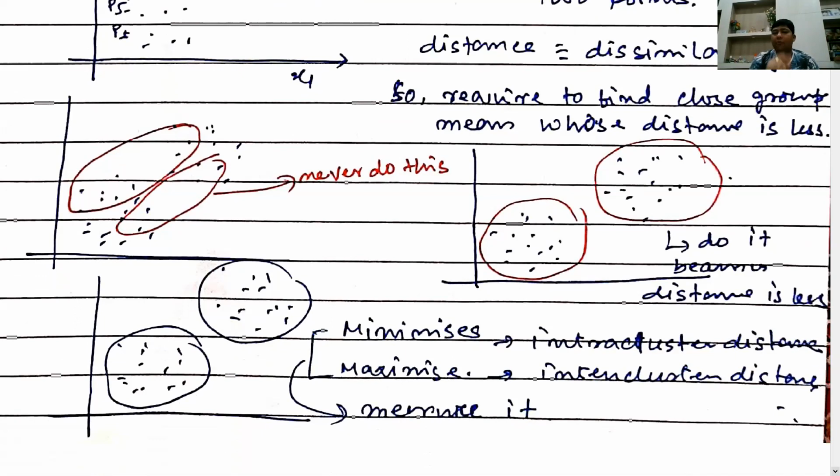Previously, I said high intra-similarity and low inter-similarity; the opposite in terms of distance: maximize inter-cluster distance, minimize intra-class distance. Now, how can we measure it? How can we measure the intra-class distance and inter-class distance? How can we decide that we minimize intra-class distance and maximize inter-class distance? How can we measure it?